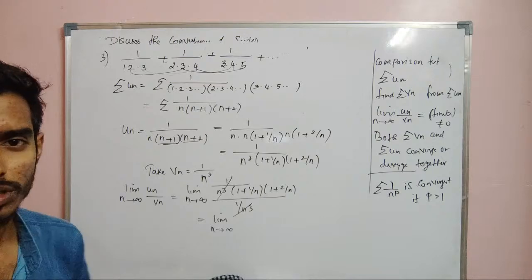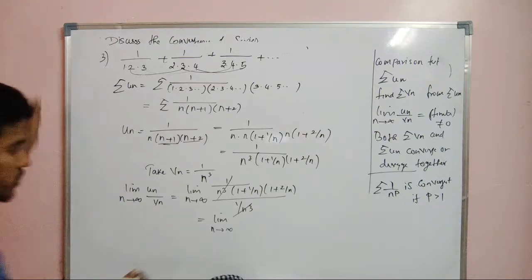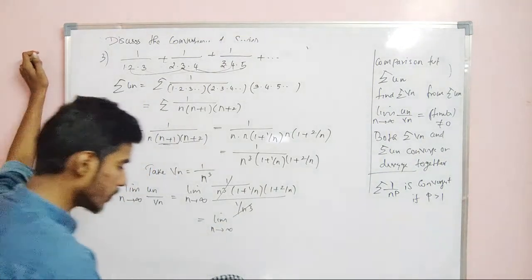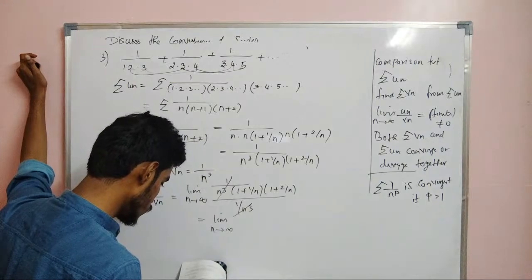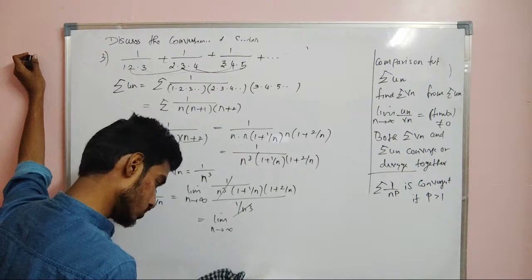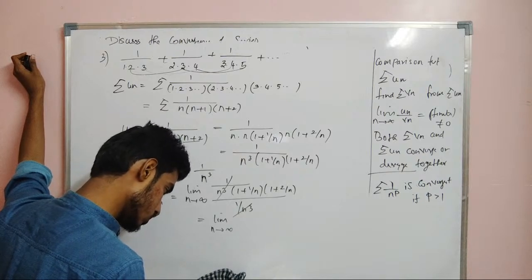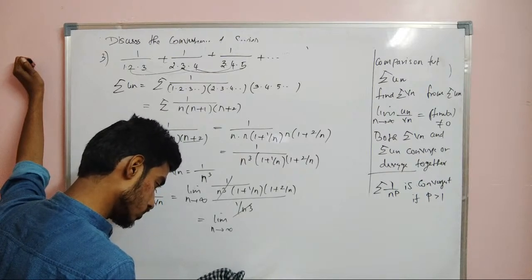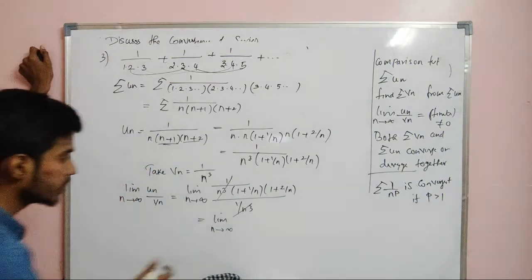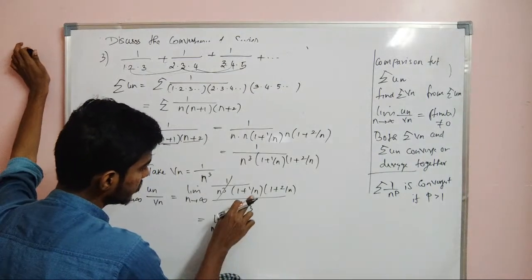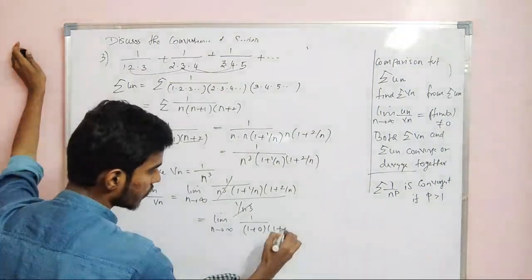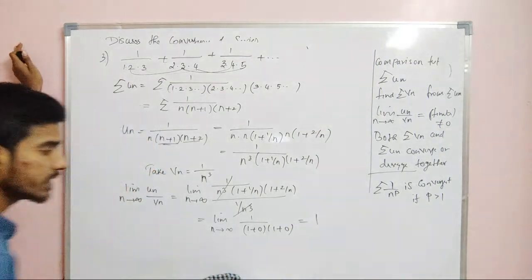It can be 1, 2, 3, 4, etc. So as n tends to infinity, this will tend to 1 by 1 plus 0 into 1 plus 0, which is equal to 1 here, right?